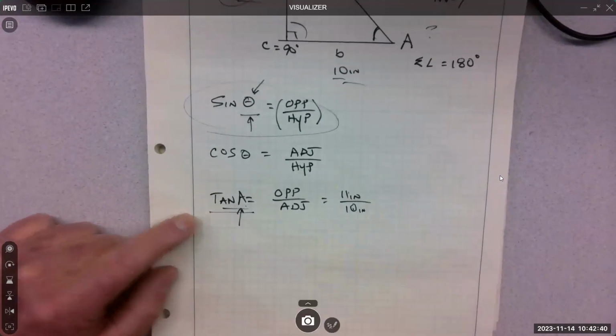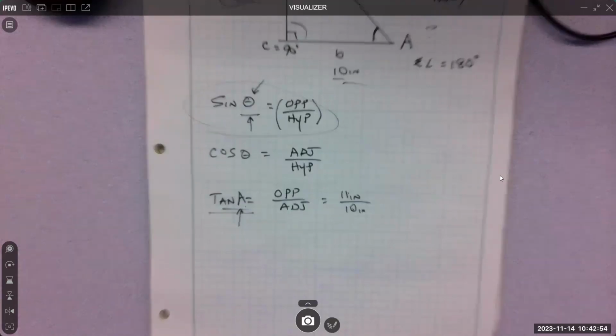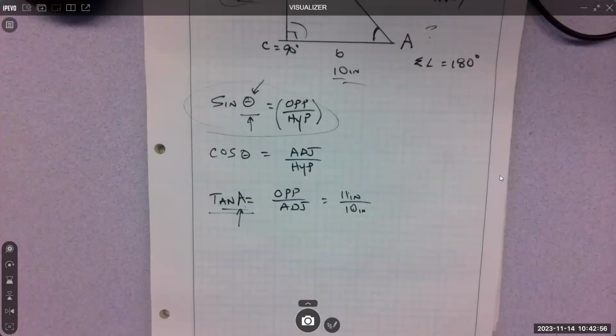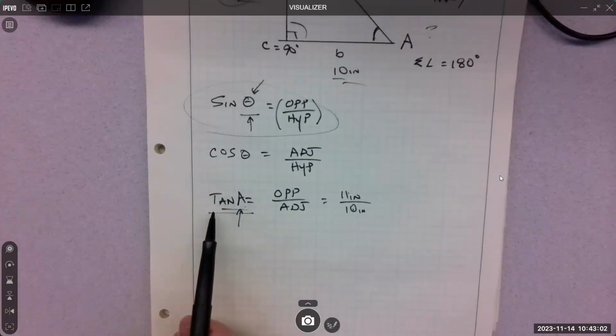How do we get the angle by itself? You might want a little more than just plugging it in. Yeah, so you do use the inverse of tangent, but why does that work? Algebra is why that works. If I want to isolate A all by itself, what do I have to do to get rid of tangent?